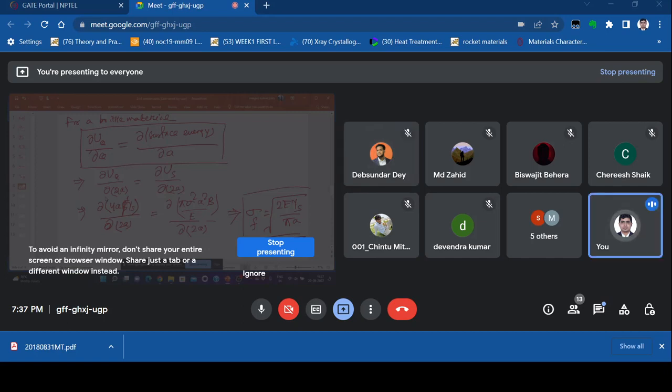Sigma c, you are talking about fracture toughness, right? Yes. That is the critical value. When that value is reached, catastrophic failure will occur.